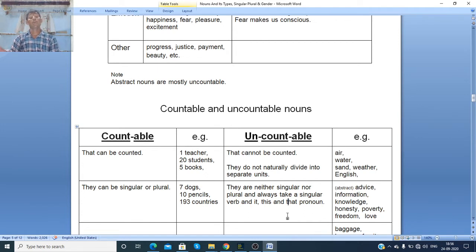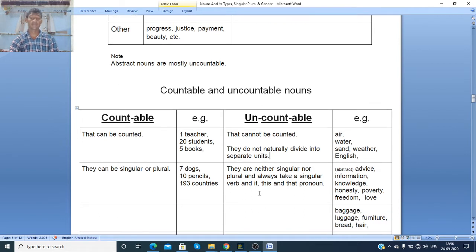And uncountable nouns do not divide into separate units, like air, water, sand, English. We can't say one water, two water. We can't say one air, two air. We can't say one weather, two weather. We can't say one sand, two sand, 15 sand. We can't say 50 English.